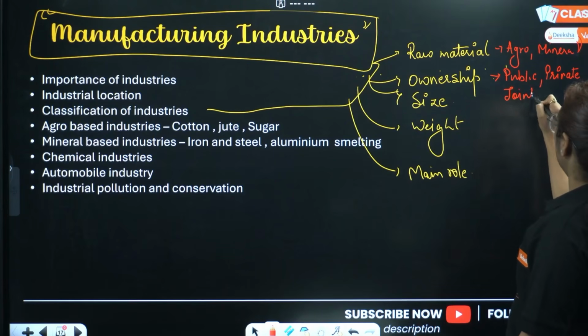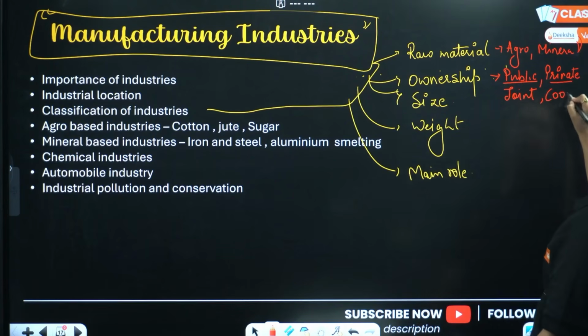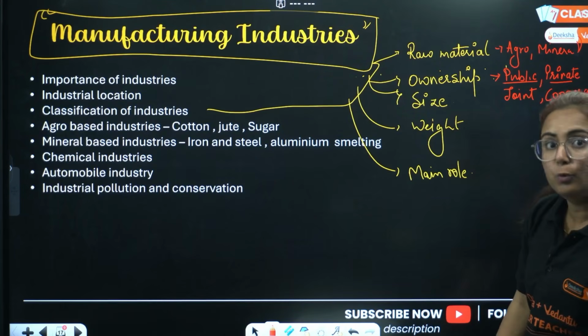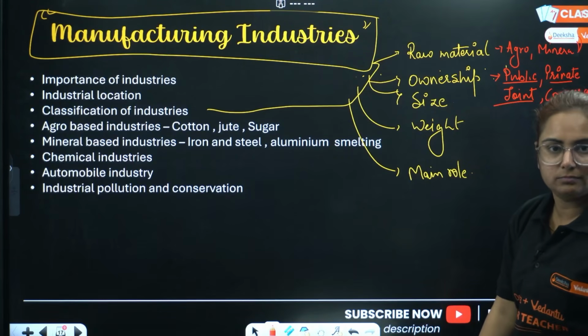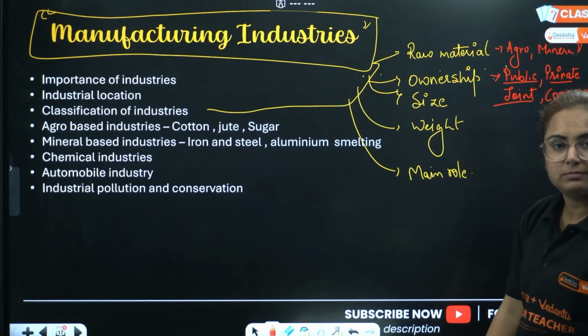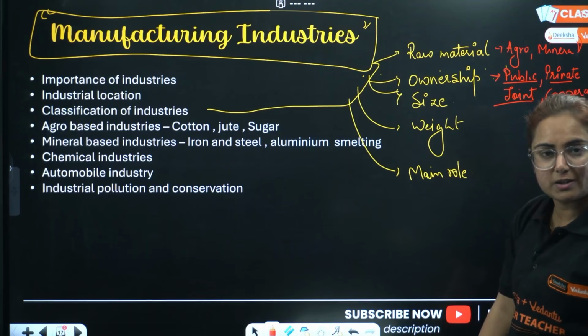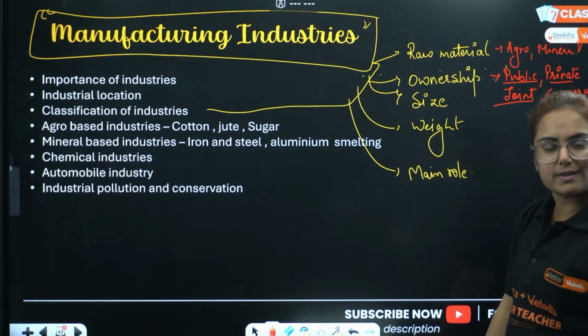Joint industry is owned by both of them. Cooperative industry is owned by many people at a time, for example Amul. An example of joint can be OIL, Oil India Limited. Public can be BHEL, Bharat Heavy Electricals Limited. Private can be Reliance, Infosys.